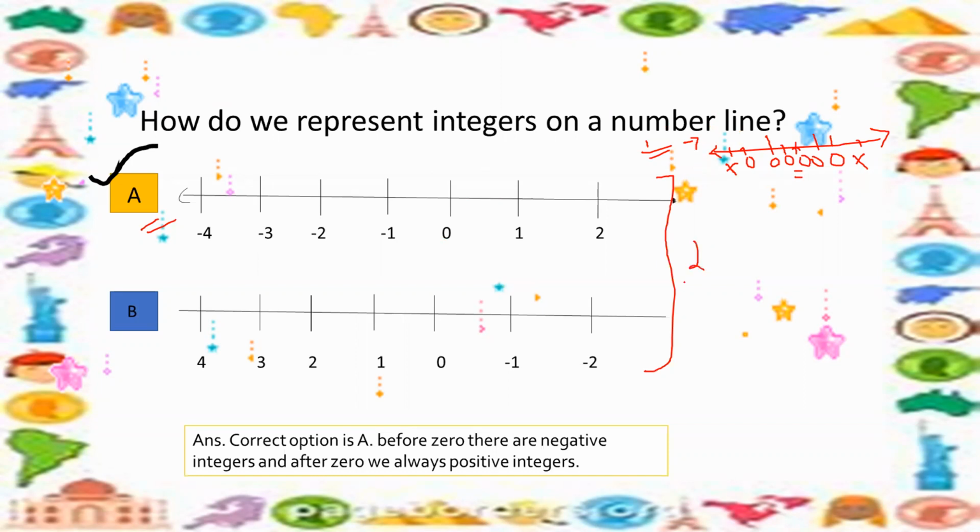And the second case is written here: before 0, meaning at the left of 0, we have negative integers, and towards the right we have positive integers.